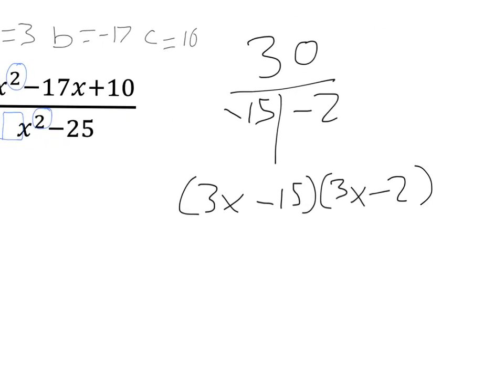Our next step is to find any common factors inside the terms. So 3 and negative 15 have a common factor. So that means we rewrite this part as x minus 5, because we're dividing by 3 for both the factors. 3 divided by 3 is 1. Negative 15 divided by 3 is negative 5.